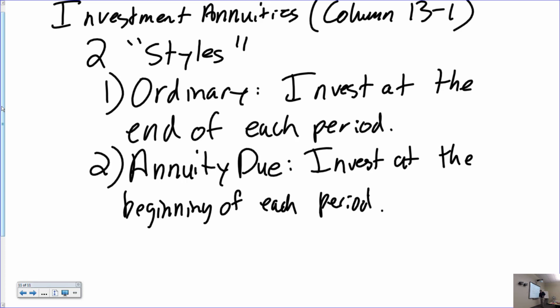Okay? Now, I put a star on the first one, folks, because if you look in your tables, what is the title of the third column, 13-1? Amount of annuity. And folks, it's an amount of an ordinary annuity. Okay? So 13-1 is what works when you're dealing with ordinary annuities.